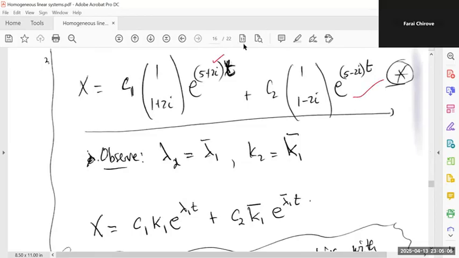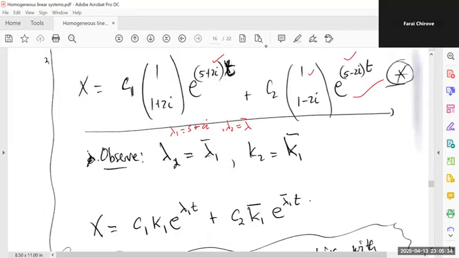But you can see we have complex valued solutions. So we can make some observations here. Lambda 1 was equal to 5 plus 2i, I think, minus 2i. But lambda 2 was actually equal to lambda 1 bar, the complex conjugate of lambda 1. And the same, our k1 was this guy here.